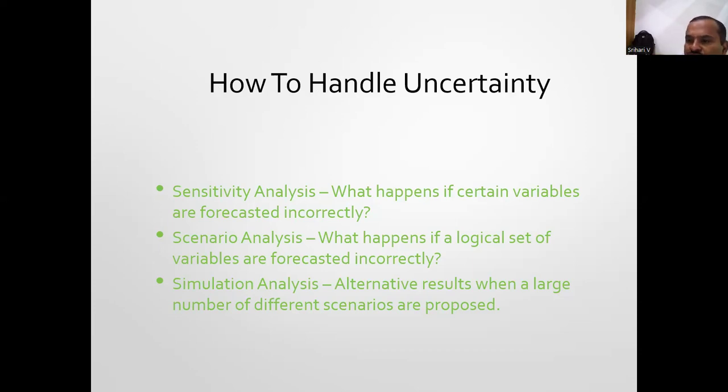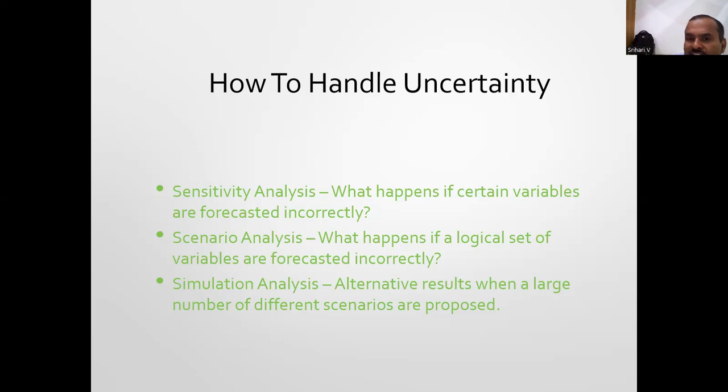Then simulation. Monte Carlo simulation is an artificial model. Based on this artificial model, the financial manager analyzes and evaluates the decision, whether it is wise to take up the project based on the artificial model outcome.